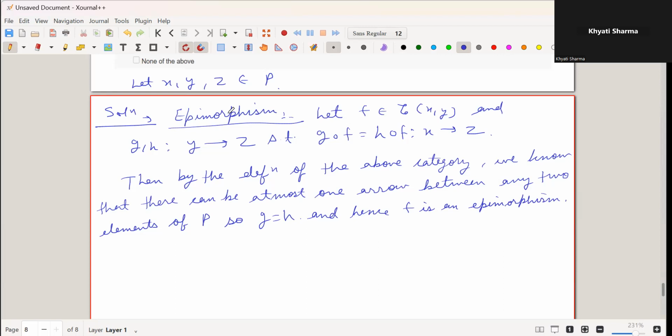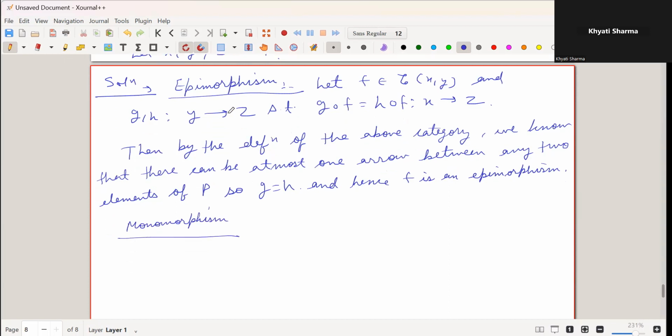Now, monomorphism. This is similar to epimorphism because there is a single arrow again.